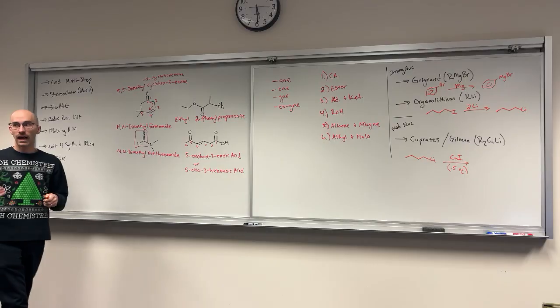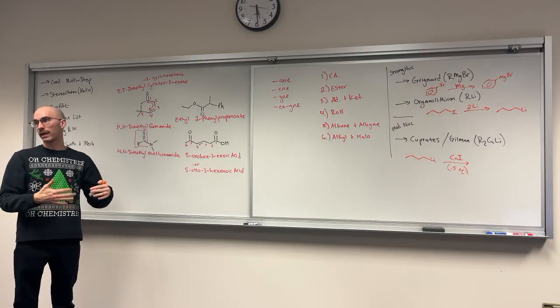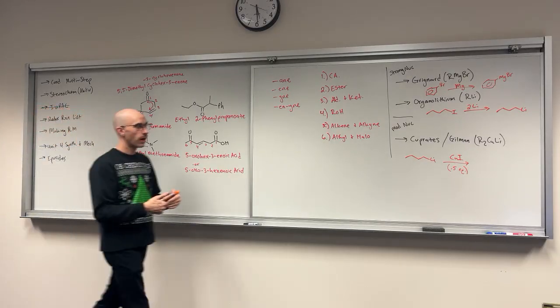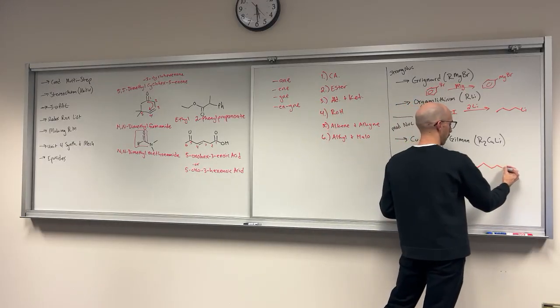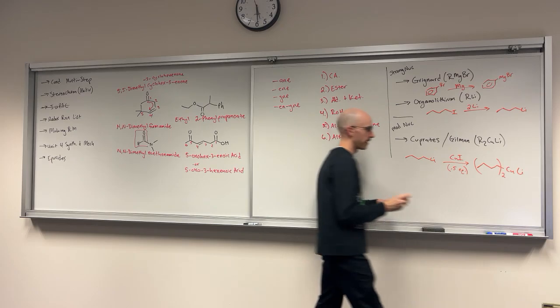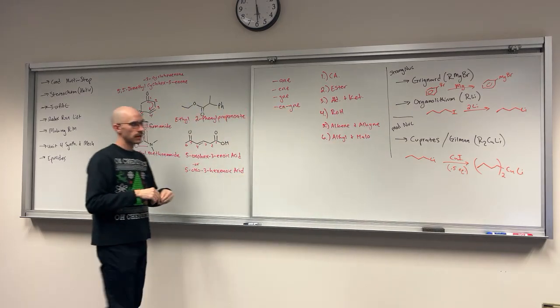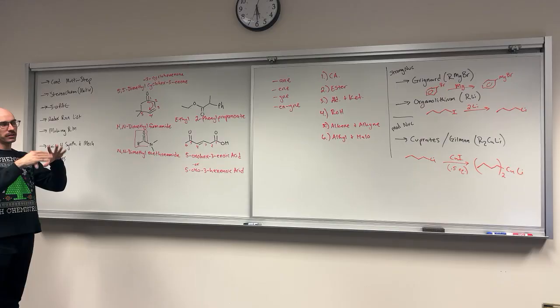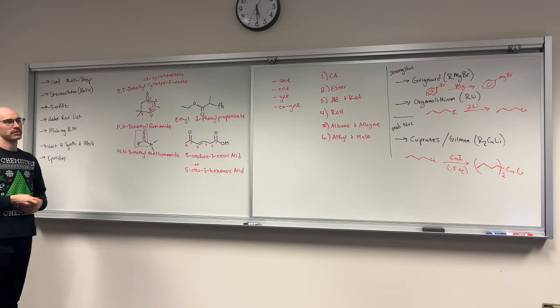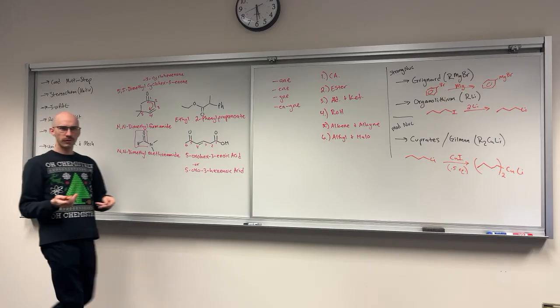Reason being, I need 2 equivalents of the organo group to bond to 1 copper. And then I can simplify it by putting the copper-carbon bond in the parentheses and putting a subscript 2. Good refresher?